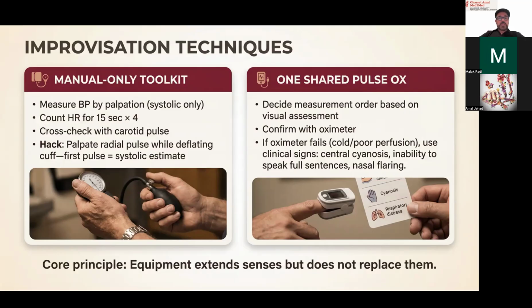Why am I explaining this? Because if the finger is cold and doesn't have good circulation, there will be no hemoglobin to measure. And the pulse ox will give you a false low oxygen.